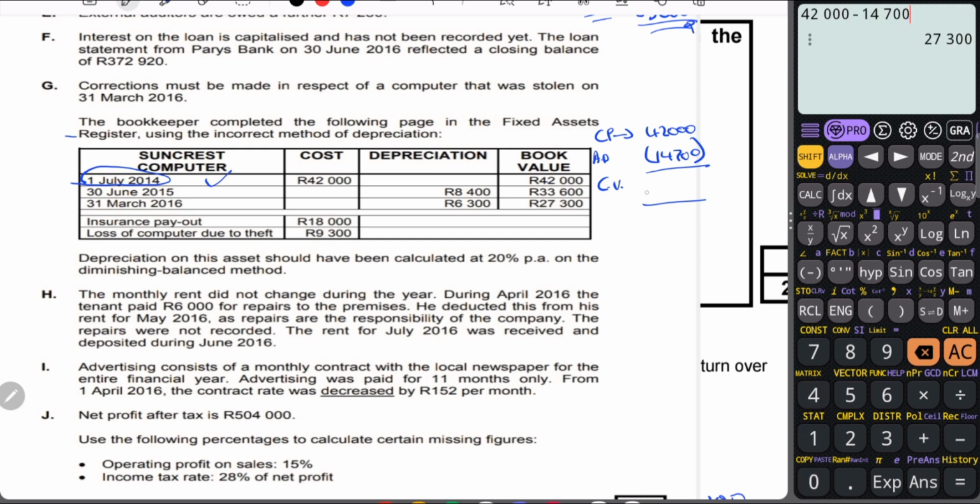I'm going to get this 27,300 as carrying value guys. Now guys, because this computer was sold, no, I'm making a mistake now. It was not sold, it was stolen. It was stolen, but it was insured by the company, and then we are told that the insurance paid out how much? 18,000.